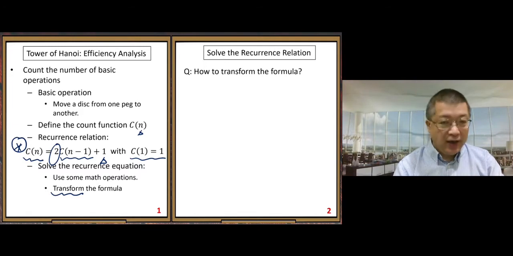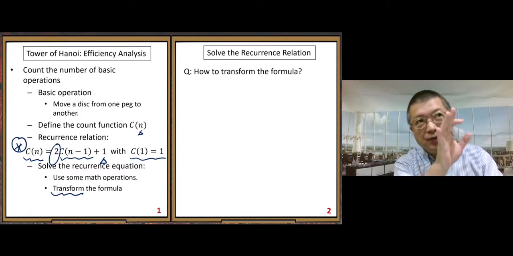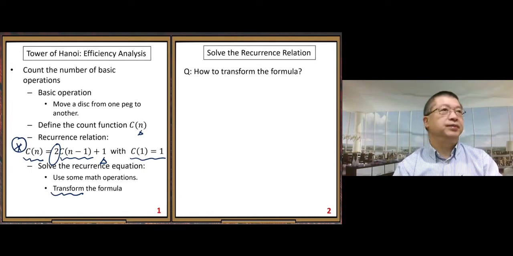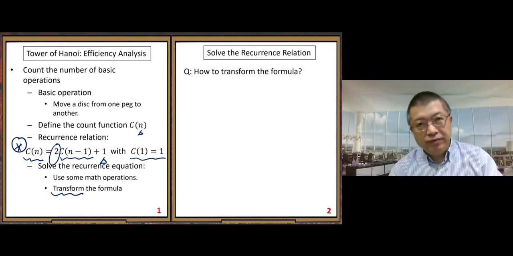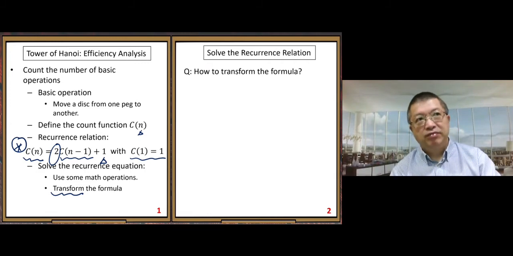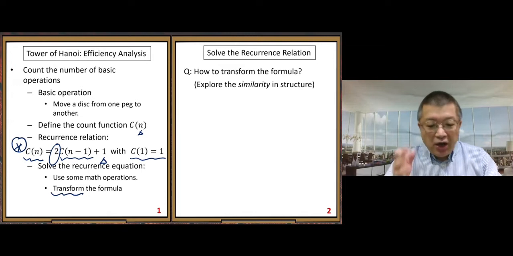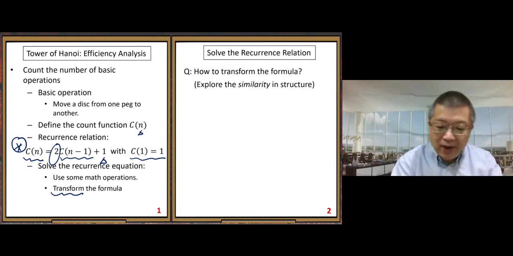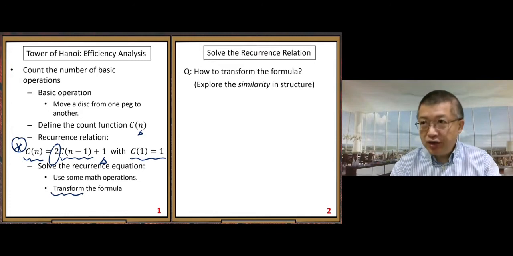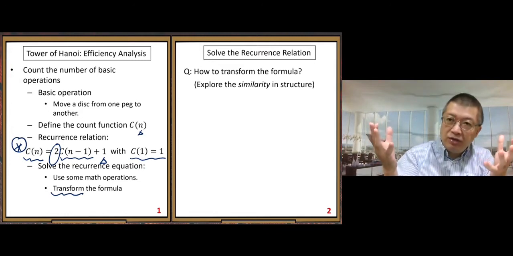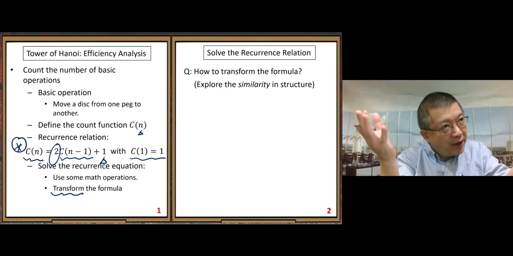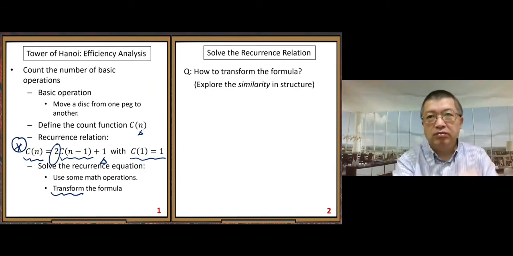Here, I would like to give you a commonly used method. In this question, I want to introduce this method: explore the similarity in mathematical structure.